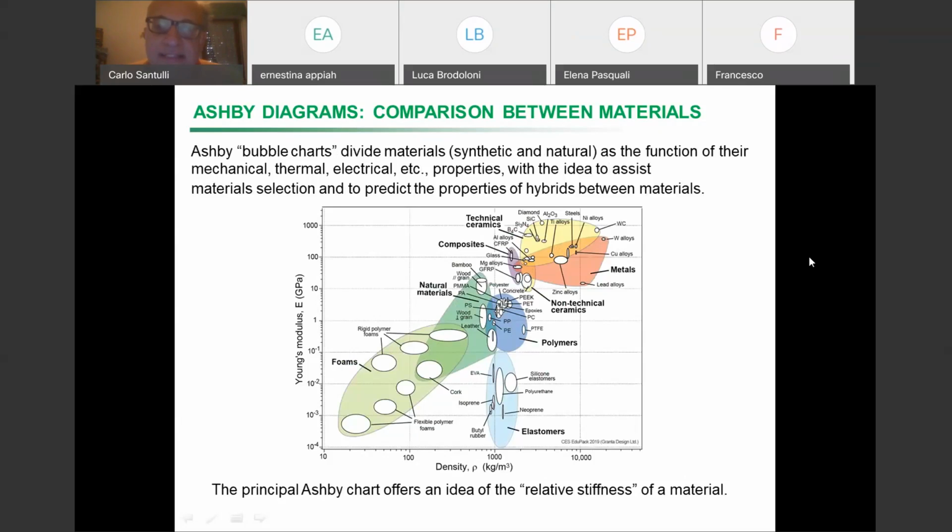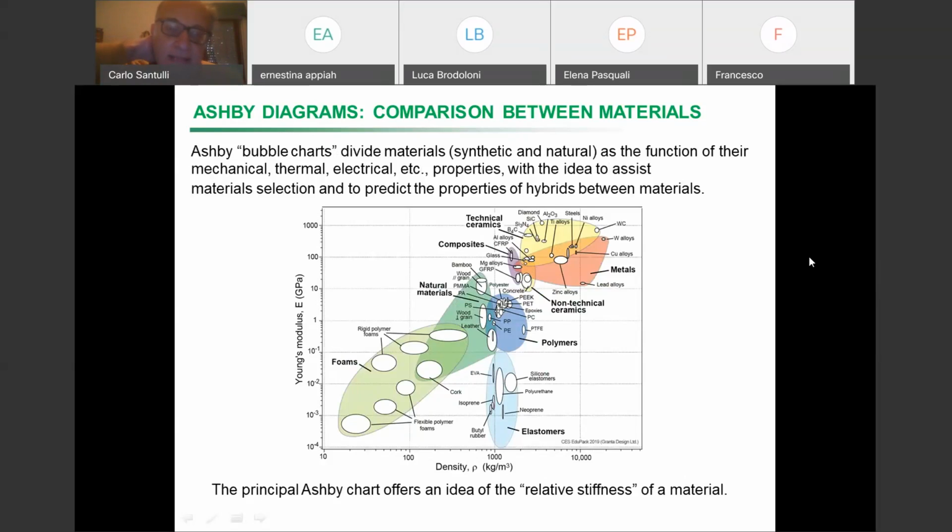Of course, I need literature, papers, books, and so on to look at, taking data from papers, books, reports, experimental reports, and plot them in a chart.